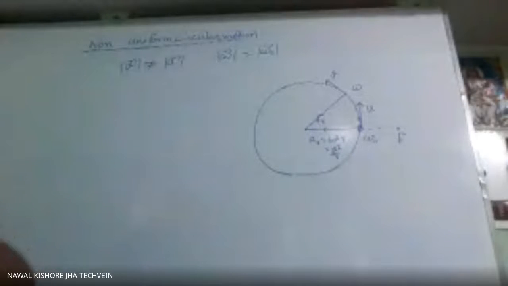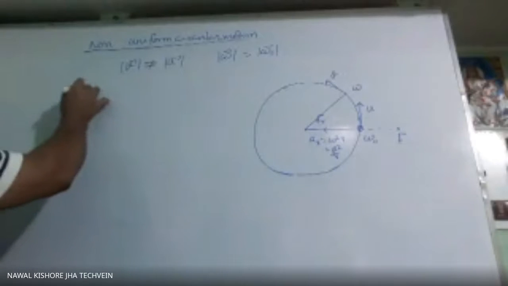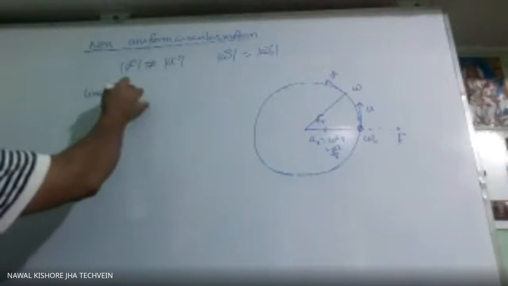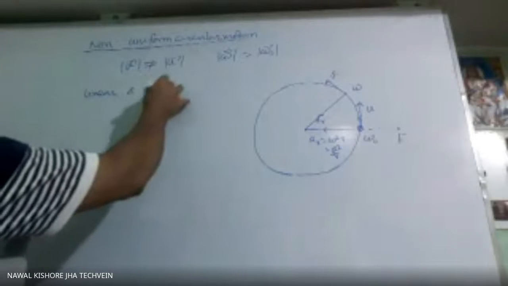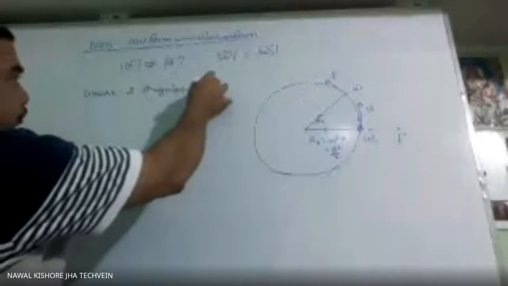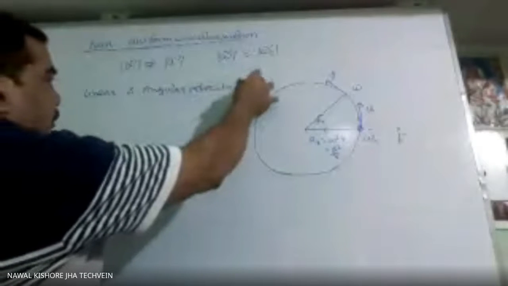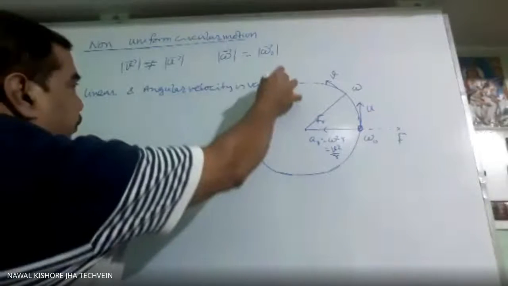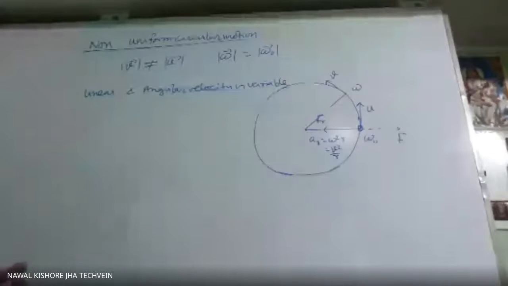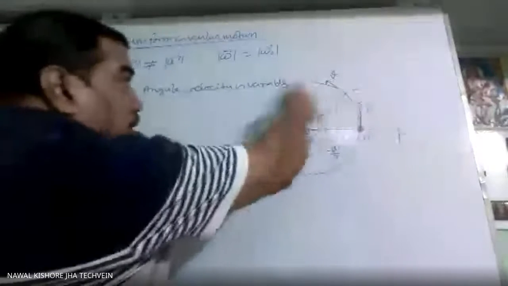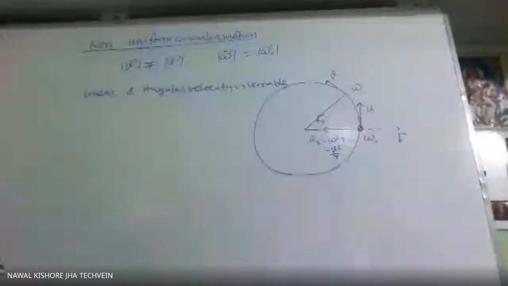So in that case, velocity keeps on changing. The change may be both, either increase or decrease. So linear and angular velocity keep on changing, it is variable. If velocity is varying along the tangent, that means there must be an acceleration along the tangent.